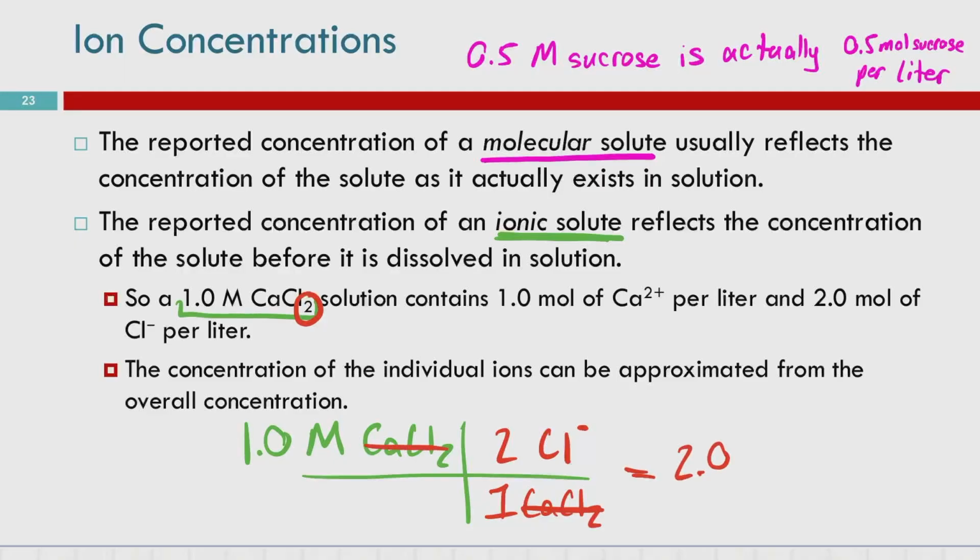So that would be a 2.0 molar chloride concentration. It works for calcium chloride since it's a strong electrolyte, so it completely dissociates. Questions about that? Confusion?